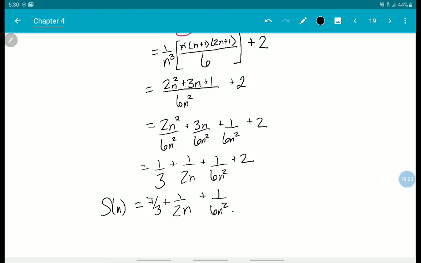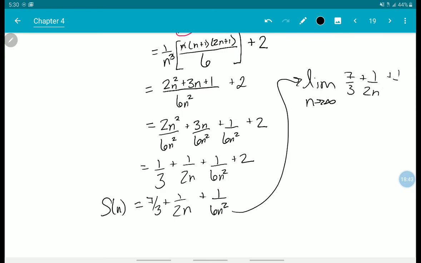So now, let's take the limit as n goes to infinity. So, as n goes to infinity, 7/3 is going to go to 7/3.